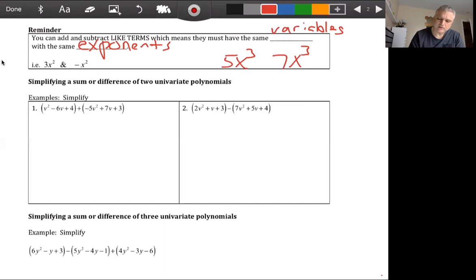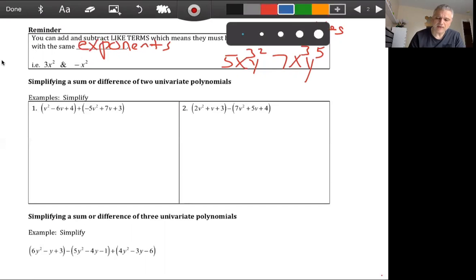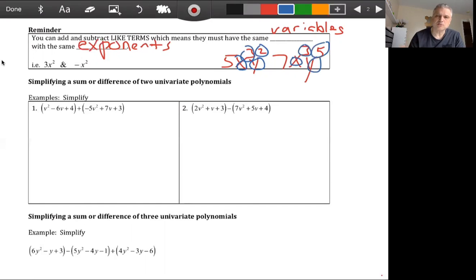If one of the terms had x to the third, y to the second, and the other term just had x to the third with no y, or even if it had like y to the fifth, I cannot add or subtract those two terms. They're not like terms. Why? Because they have the exact same variables, but they don't have the exact same exponents with those variables. So those are not like terms, right?